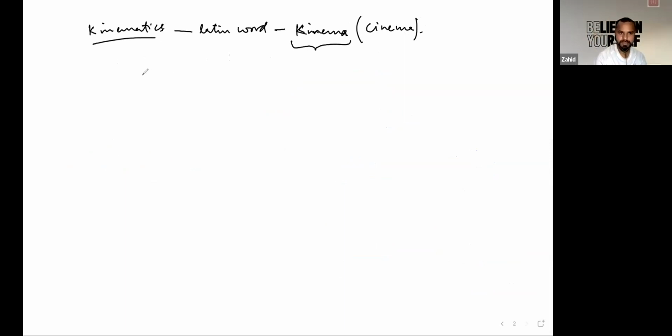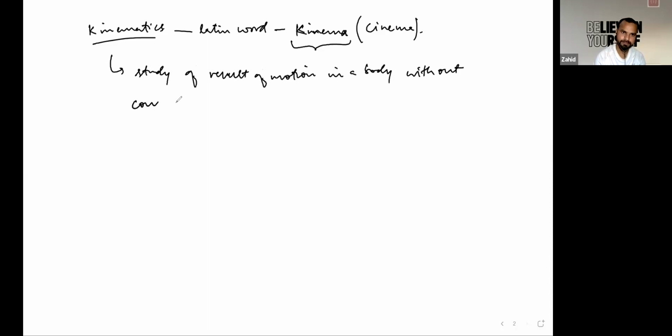So simply, kinematics defines the study of the result of motion in a body without considering its cause. Now, we mainly divide this kinematics into two parts.